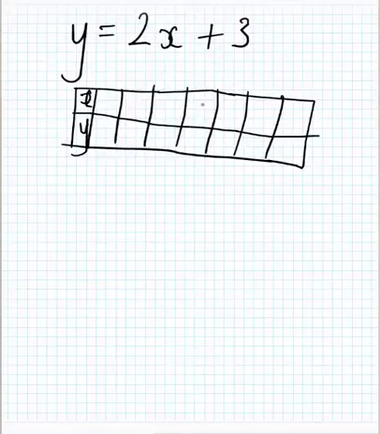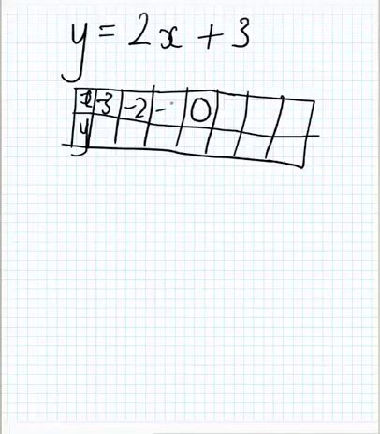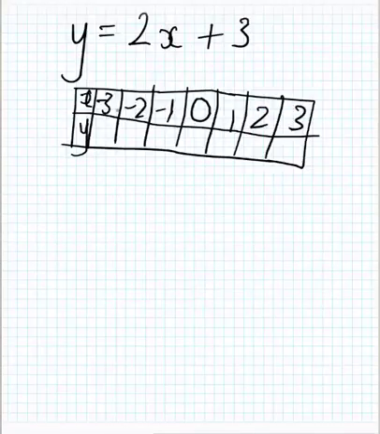So we'll start off with a question like that, and I'll give you some values for x. It's important to have a 0 in the middle, and then we'll go from -3, -2, -1, 0, 1, 2, and 3. It's important your x values follow a pattern. In this case, they're going by ones.